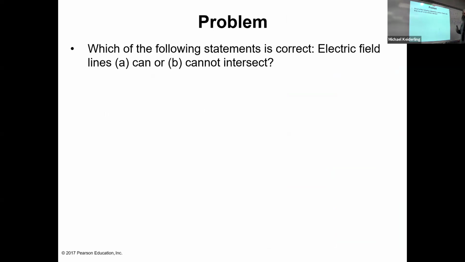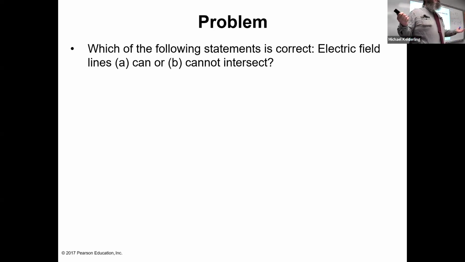So, electric field line. Can electric field lines intersect or not intersect? Which of the following statements is correct? The electric field lines can intersect, or electric field lines cannot intersect. Nope, they can't. Because if they intersected, that would imply the electric field had two values at the same location.